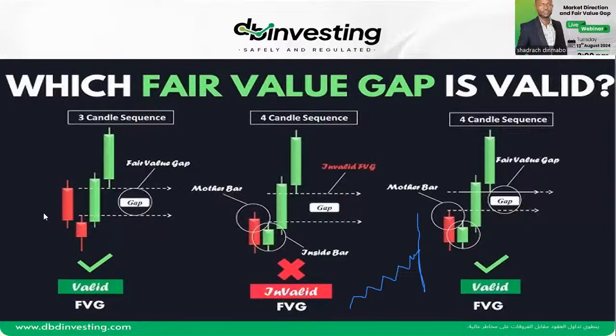Let's look at it. The market is just rallying up, and then it's time to change direction. You just see an impulsive candle straight down. Then sometimes it will do a little retracement up again and then continue the downward trend. Now, this impulsive candle you see here is most times what causes the fair value gap.